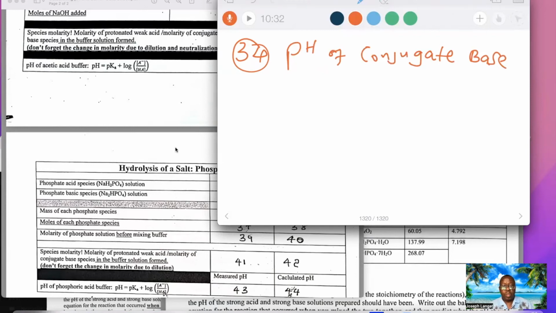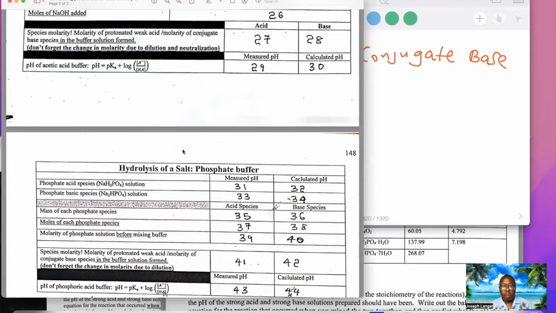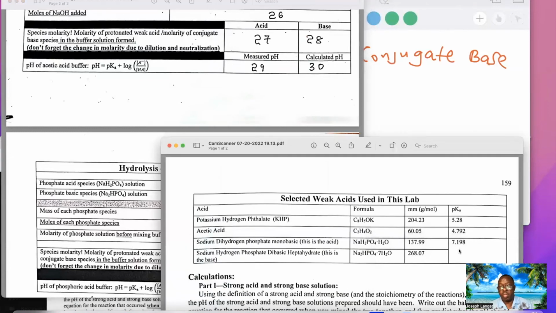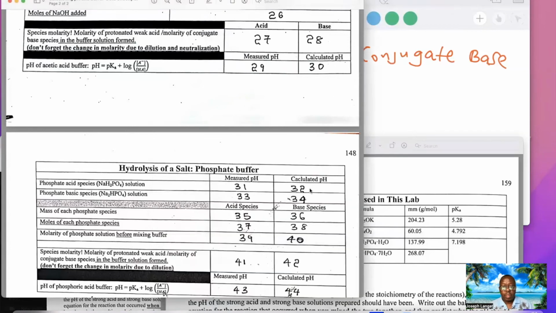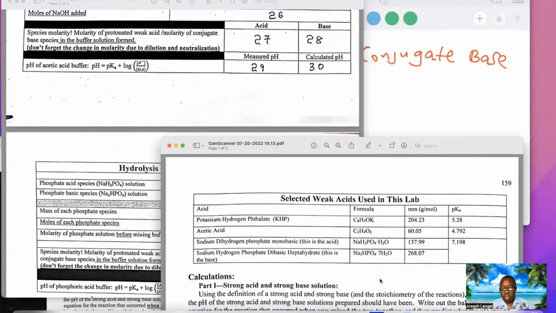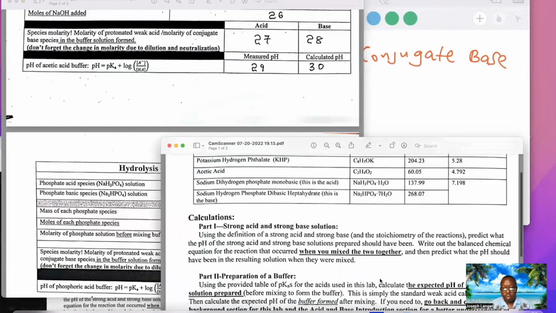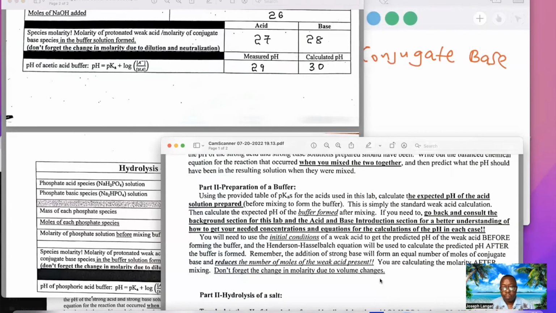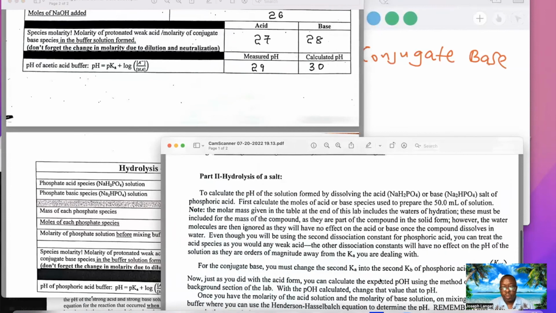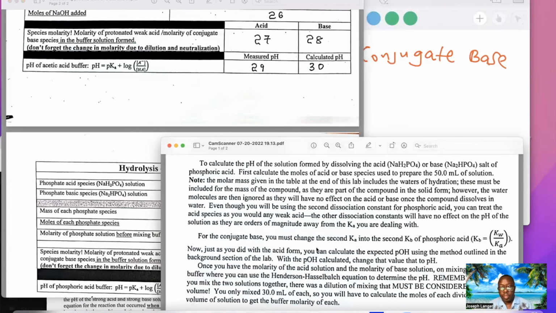So how do we determine the base? We don't have pKb here, but we have the Ka. So how do we determine line 34? It is in the background, so you have to read this section carefully on how you go about it.